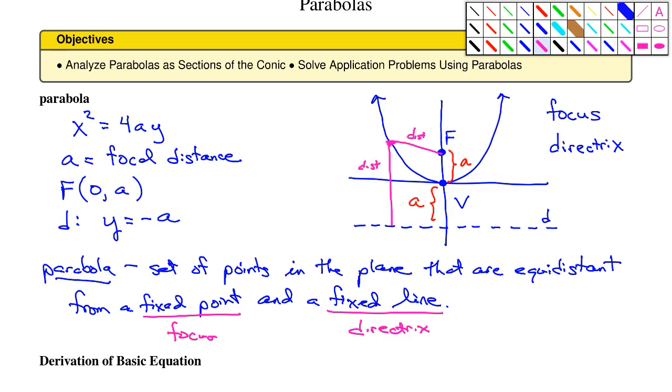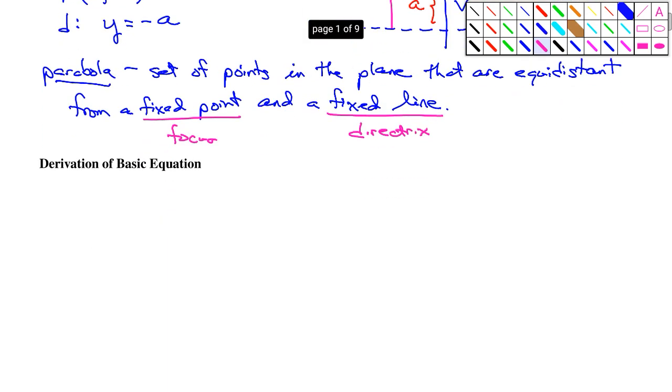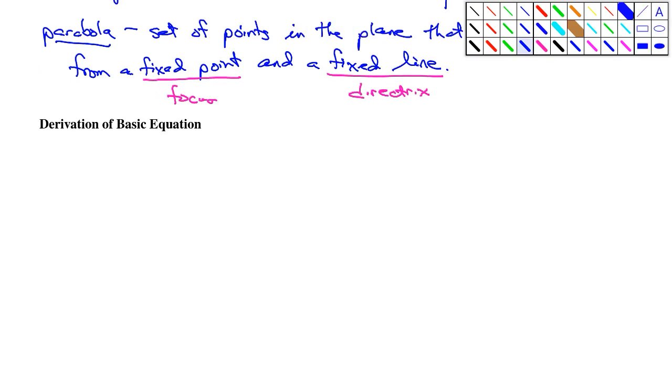So now let's take a look at the derivation of the basic equation using our definition of a parabola.